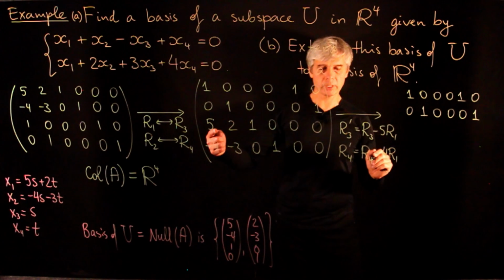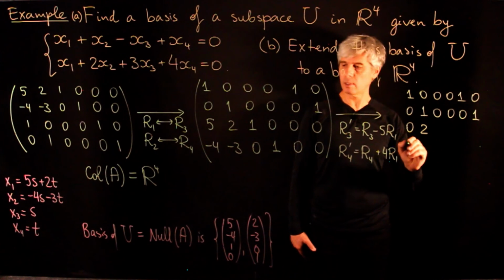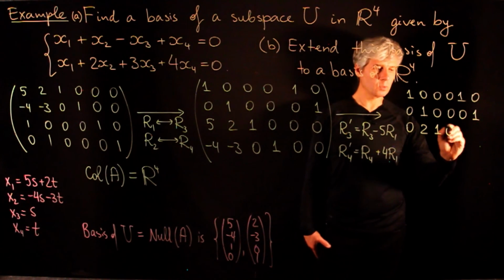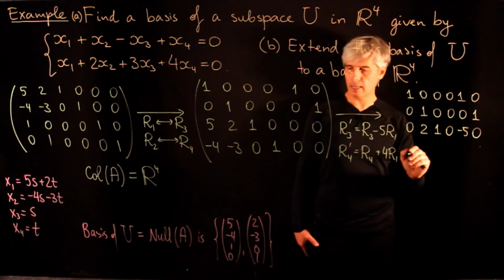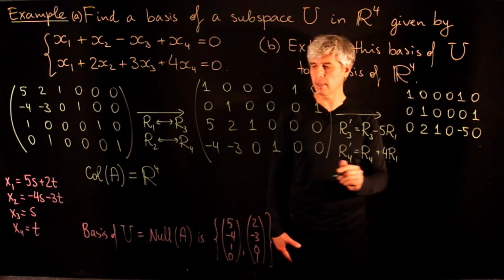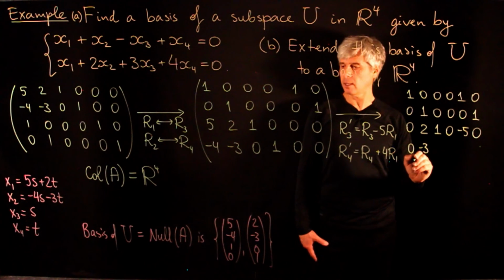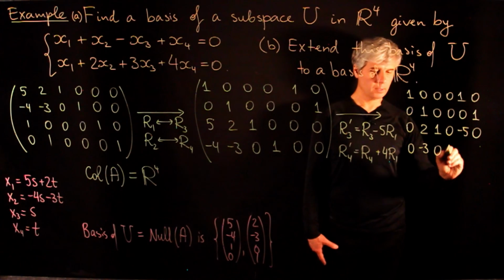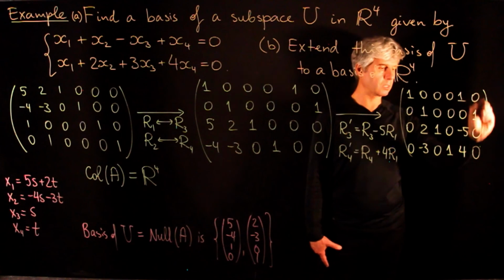Then we subtract 5 times row 1. So we get 0, 2, 1, 0, negative 5, 0. And here we add 4 times row 1. So we get 0, negative 3, then 0, 1, 4, 0. So this is this matrix.